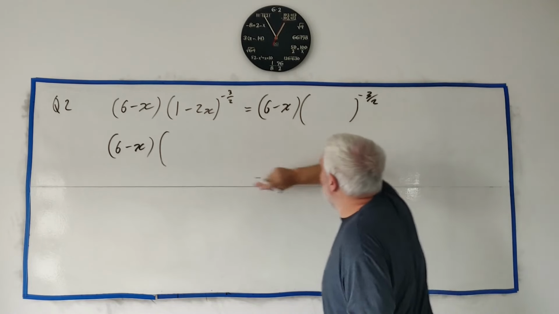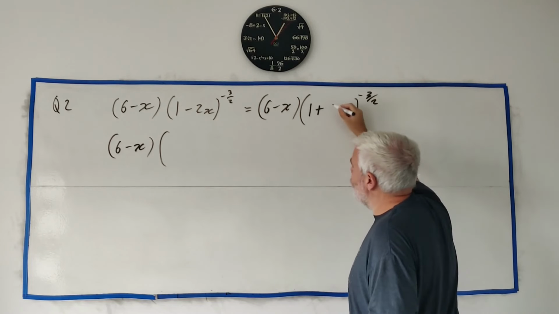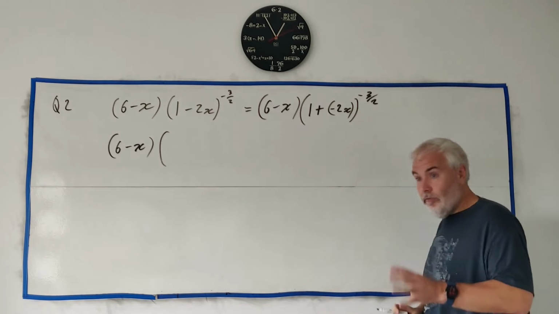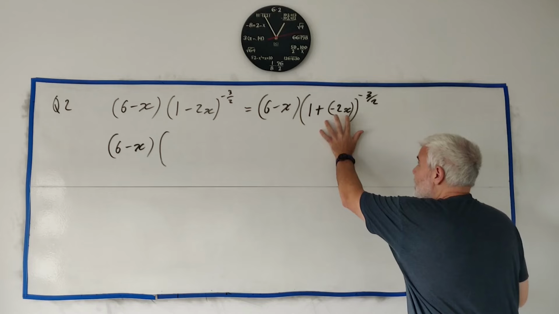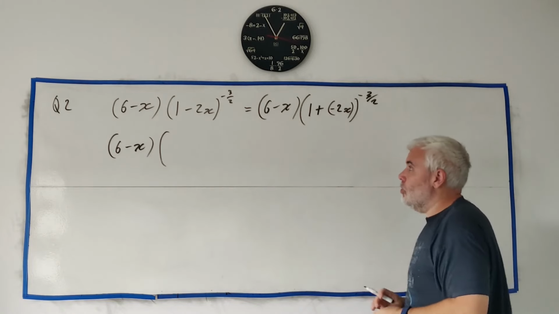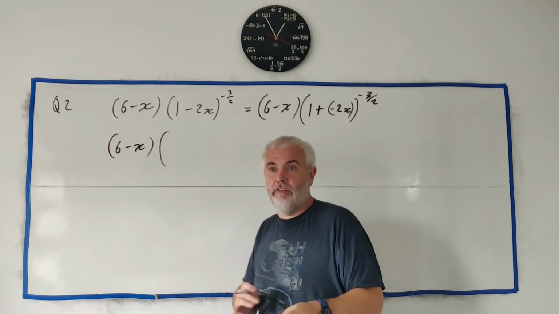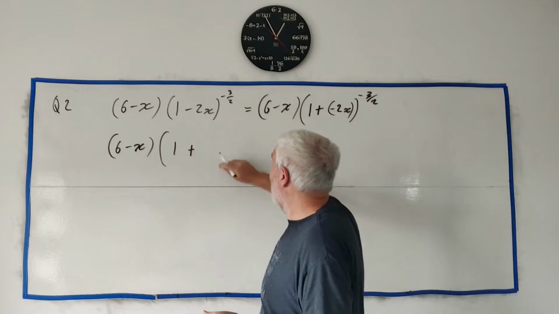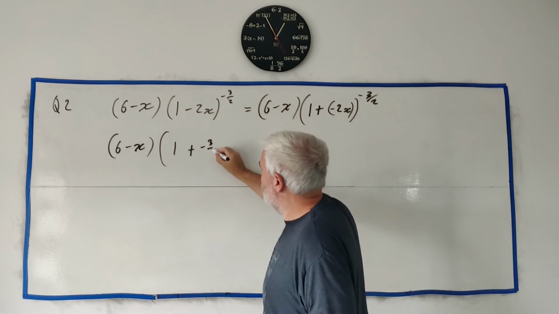This is actually 1 plus minus 2x. The x they give you in the formula is whatever's in this bracket. It's 1 plus whatever they've given us. So the formula they do give us is 1 plus n times x. That n is minus 3 over 2.